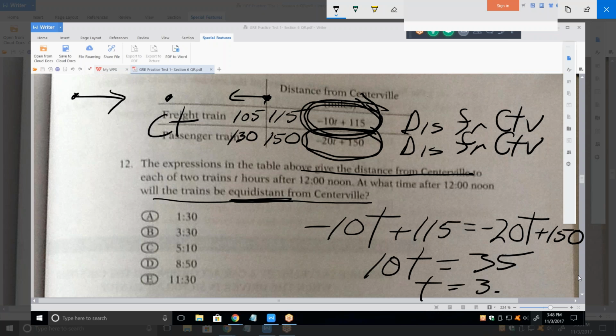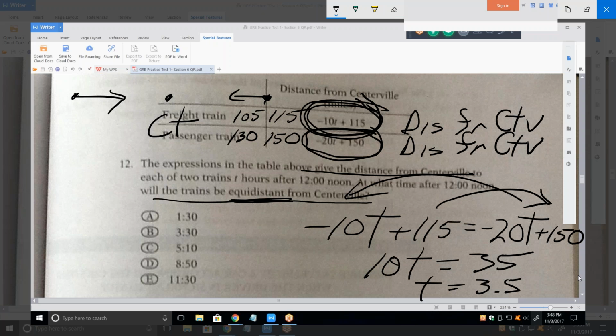So how did you do that? I move the 20t to the left, and I move the 115 to the right. It's the way I do all my equations: I think about moving terms to the left and to the right, or to the other side of the equation.